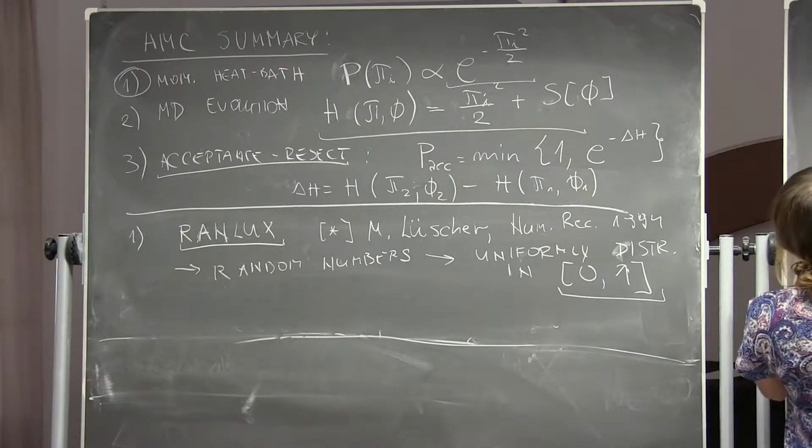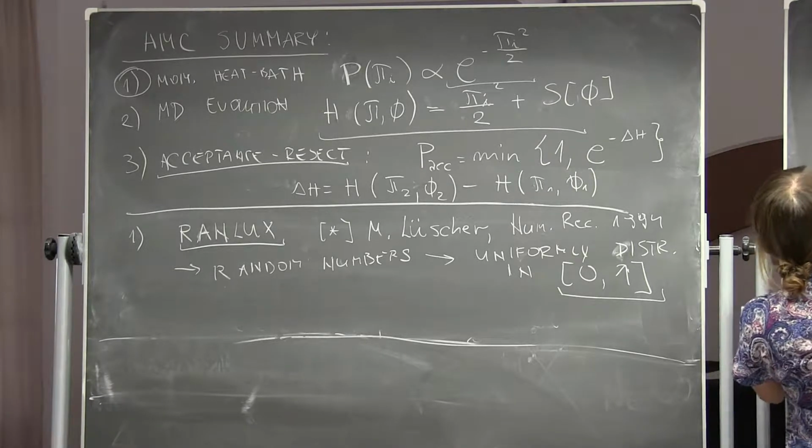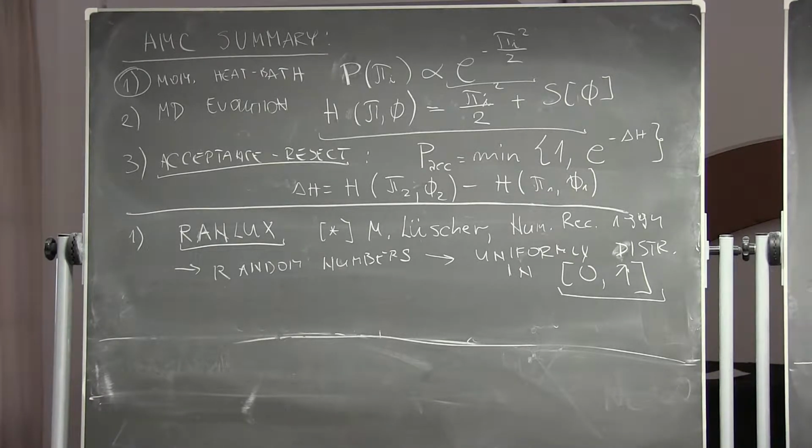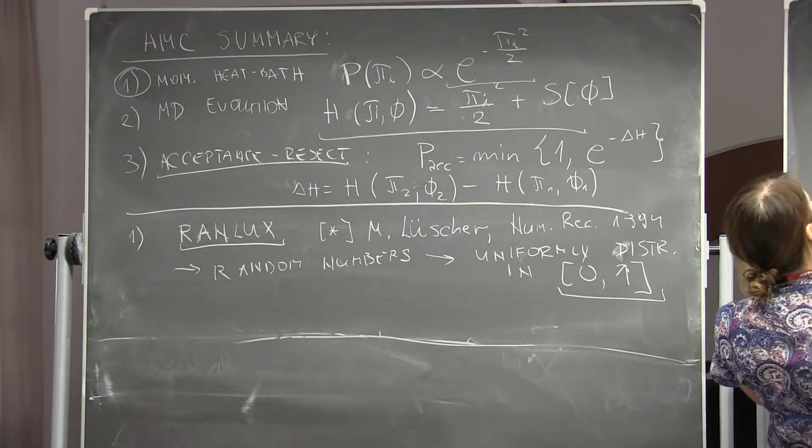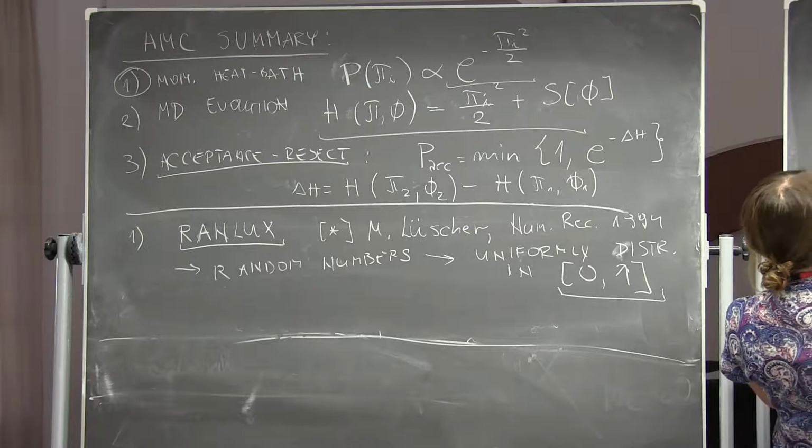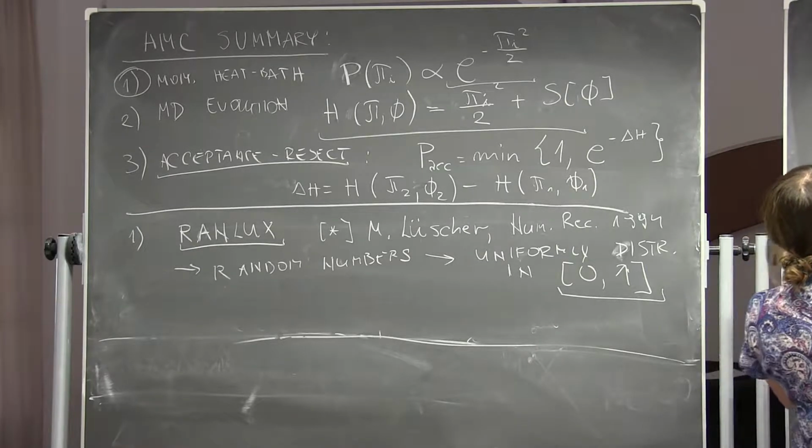The Box-Müller procedure translates two random variables.